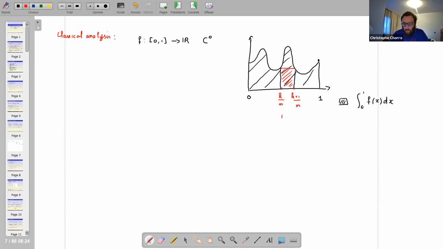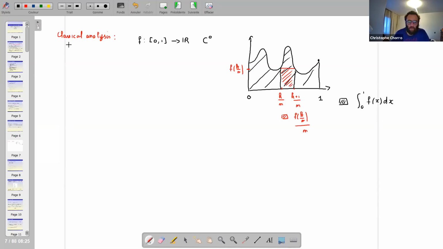So here in red, I have the area of this rectangle. Here you have f of k over n, that is the value of the second coordinate of this point here. So what I have in red is simply the area of this rectangle: this length is equal to f of k over n, and this one is equal to 1 over n. So in red you have f of k over n divided by n.